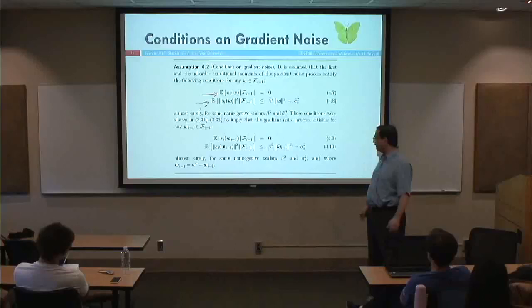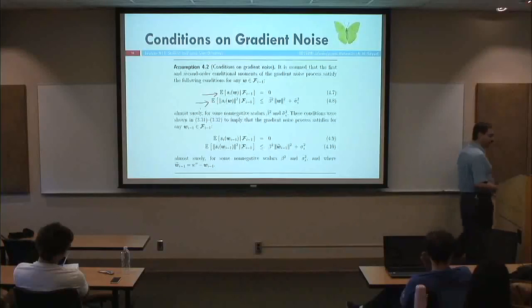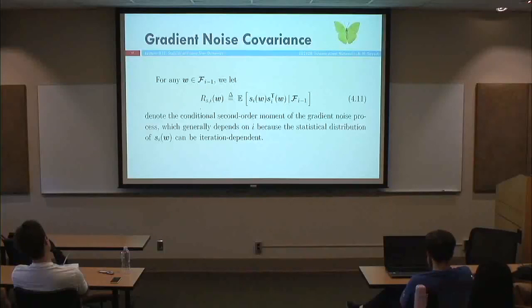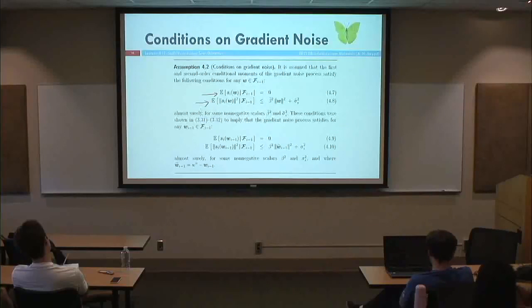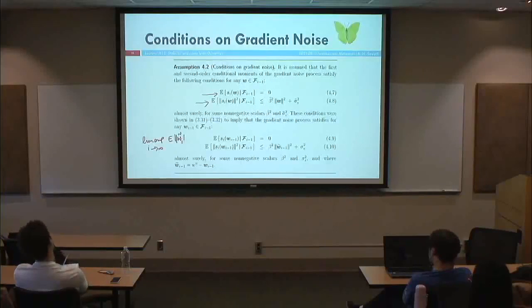Fine? Okay, so under conditions like this, we showed that the algorithm was stable. We showed the bound I showed you earlier, that the lim sup as i goes to infinity of the second order moment of the error vector is of the order of mu.